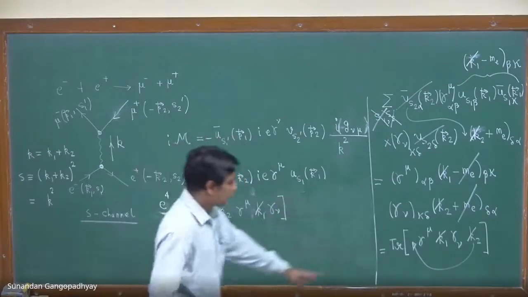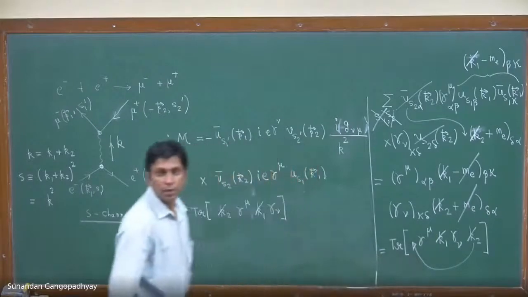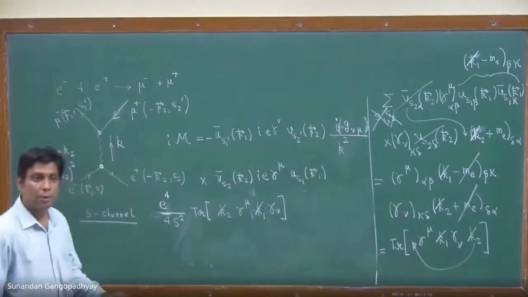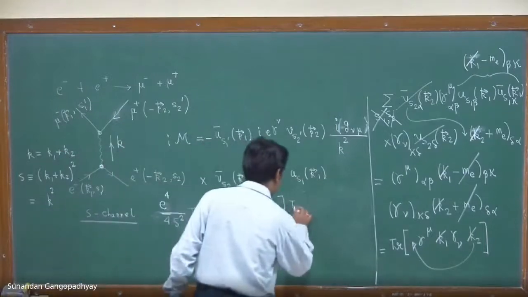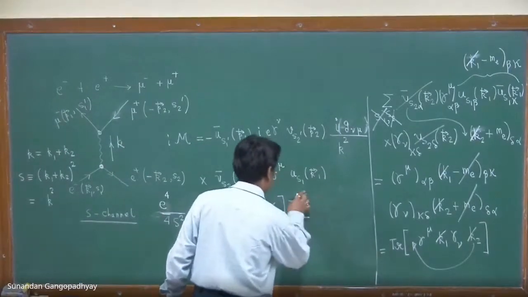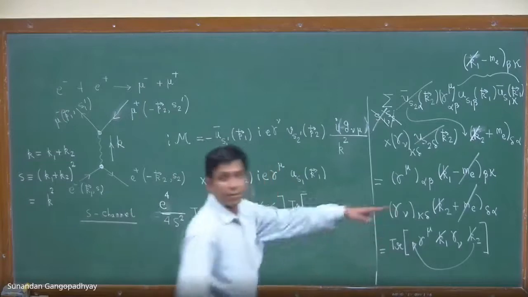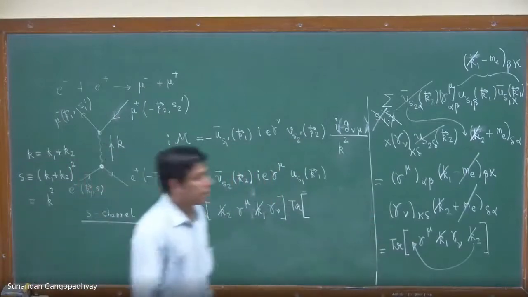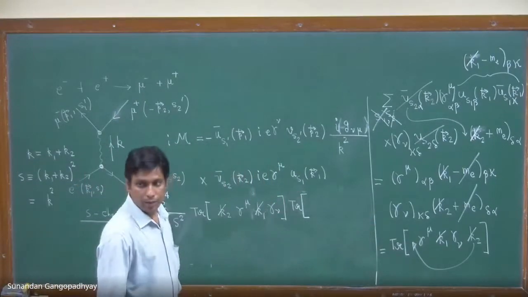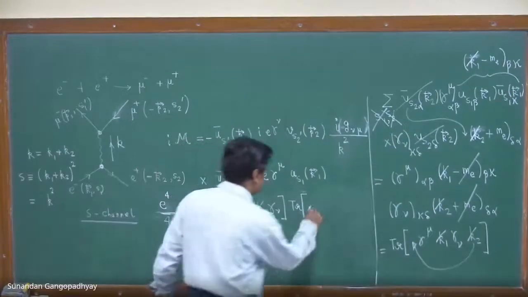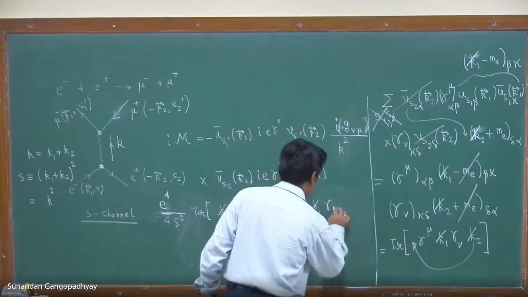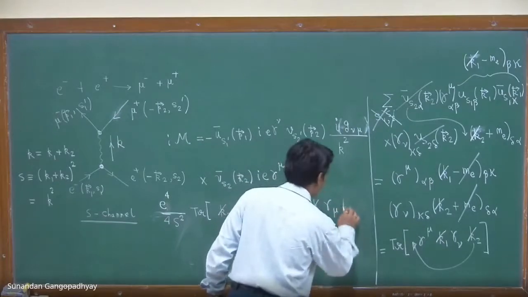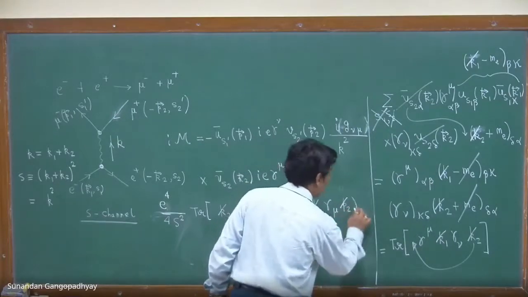So this is the trace of this one, which we got by summing over the spins s1 and s2, and then you have another trace, and that is the trace that I wrote down on the other side of the board, and I'm just writing the expression which we have already derived. p1 slash gamma mu p2 slash gamma mu.